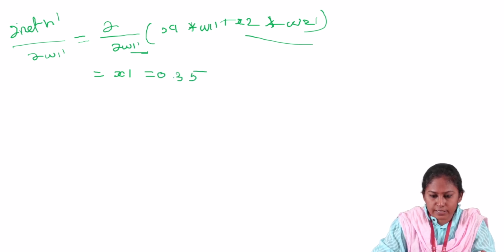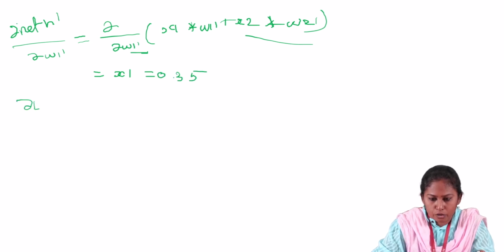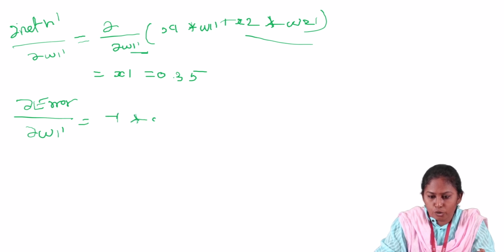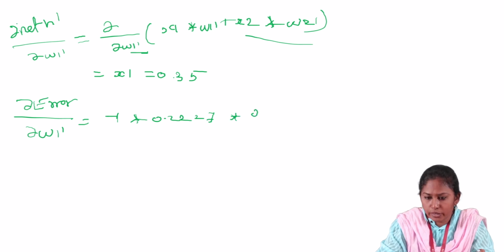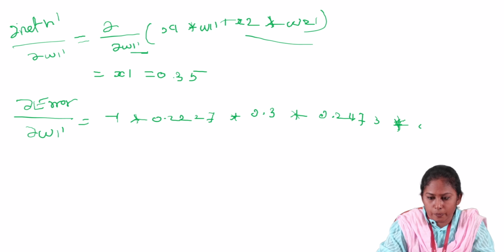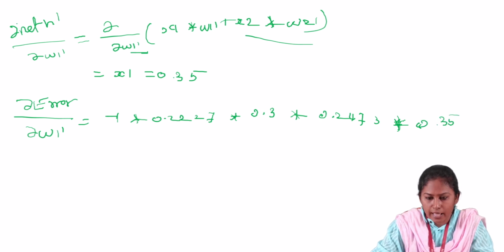Now substitute this in our ∂error with respect to ∂w11. If I substitute, it will be minus 1 into 0.2227 into 0.3 into 0.2473 into this one into 0.35.